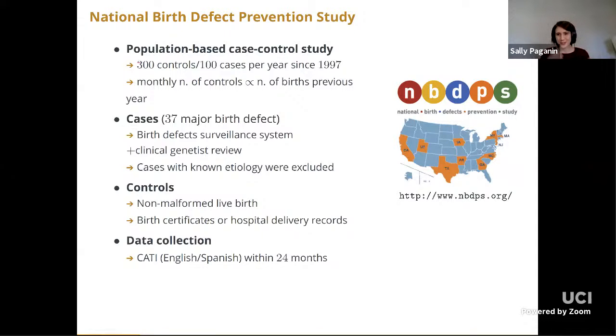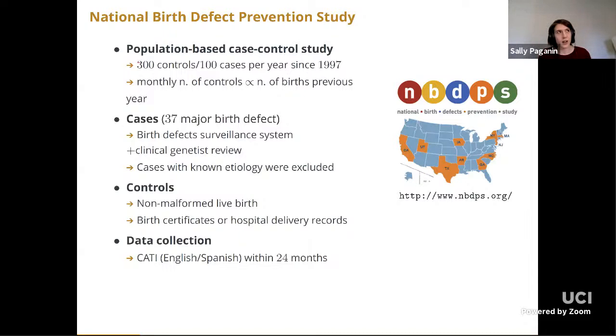There are many different types of defects, some related to the heart, to the pulmonary tract, or something like malformation of the cleft. They are pretty heterogeneous. Cases are monitored through a surveillance system, while controls are enrolled using hospital records or birth certificates, and they are healthy babies.